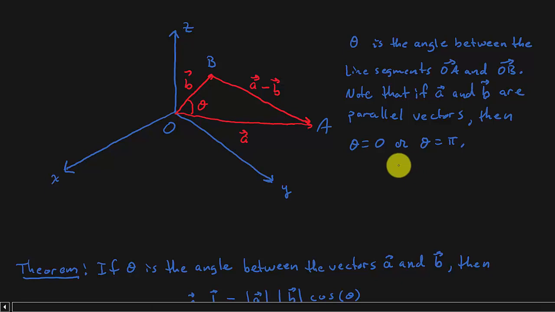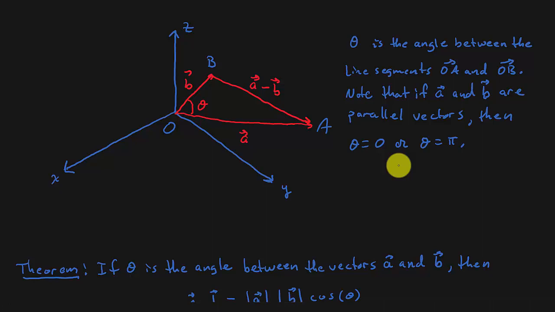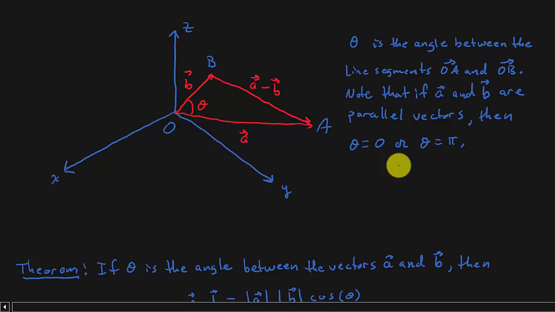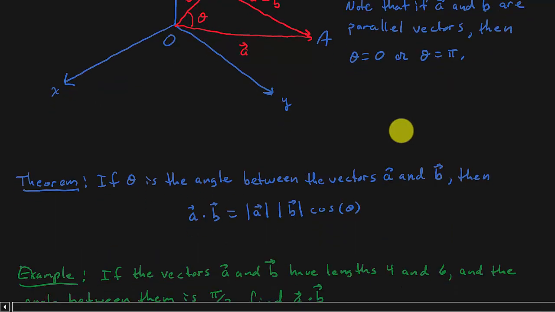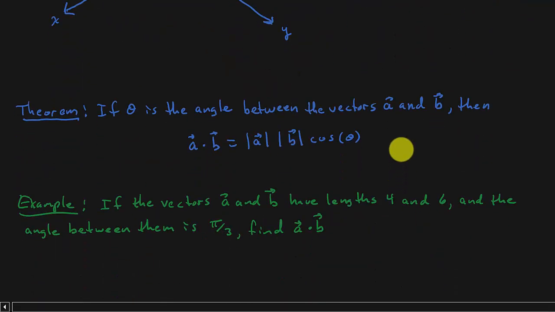I'll talk about that in a little bit. But if theta is 0 or pi, then the vectors are parallel, which makes sense. If the angle between the vectors is 0, then you know they're parallel. Or if it's pi, that's 180, and we'll talk about how they're parallel, but going in opposite directions. But like I said, I'll talk about that in a minute.